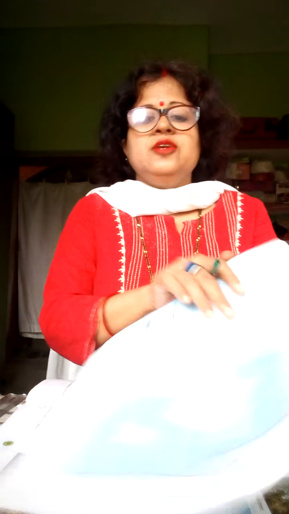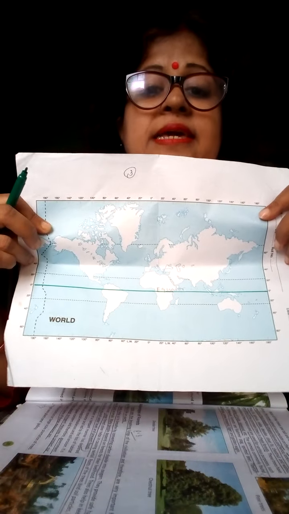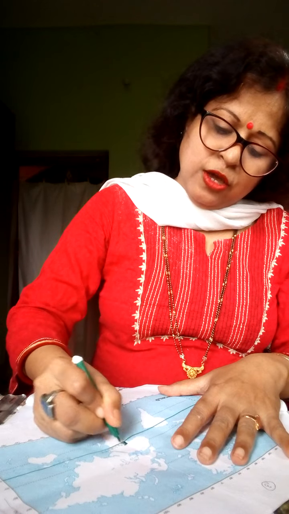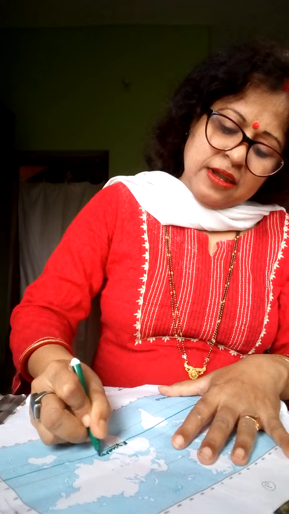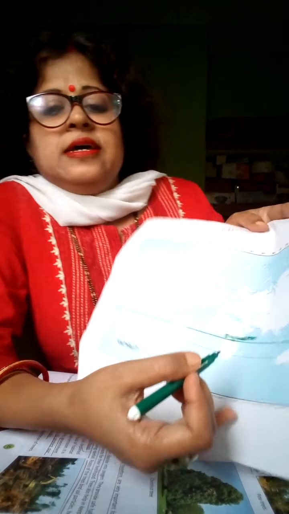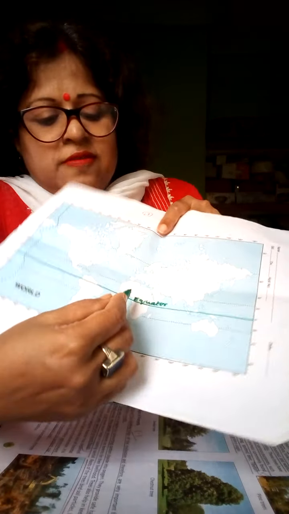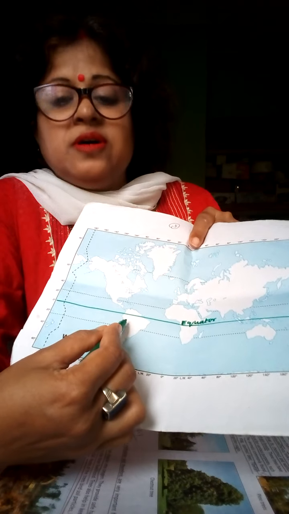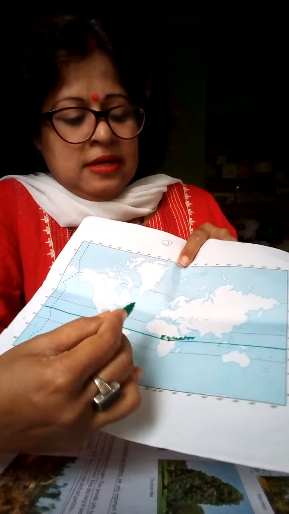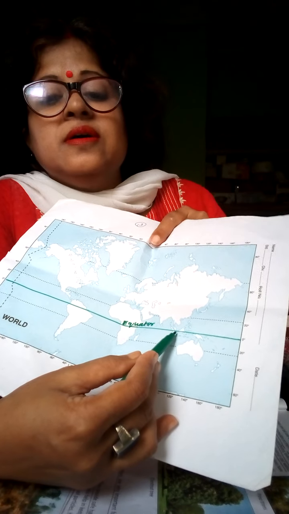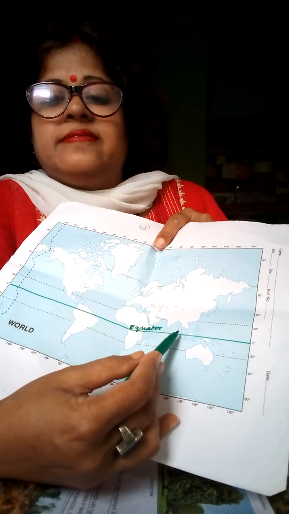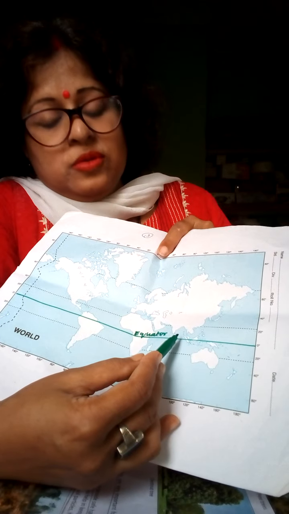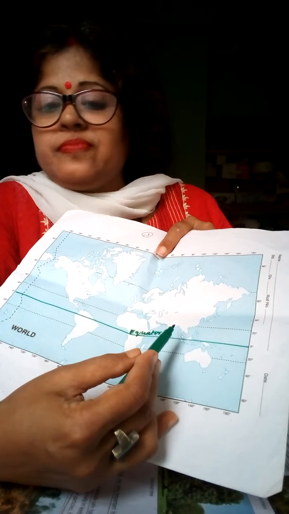Equator. You know, on and near the equator, the places are extremely hot. It crosses over Africa, it crosses over South America, and it crosses over these islands of Southeast Asia.